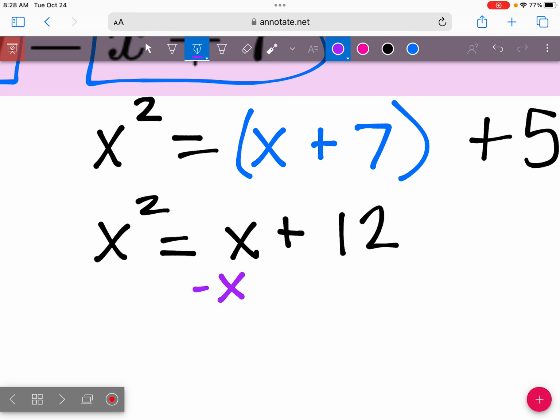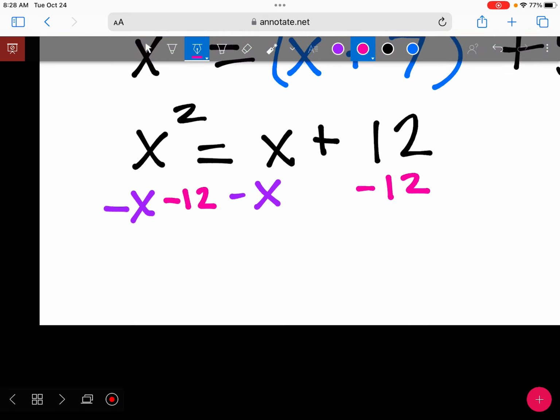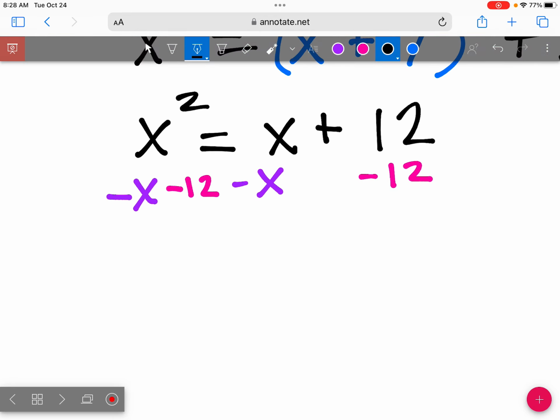So I'm going to subtract x from both sides, and I'm going to subtract 12 from both sides. My 5 and my 7 I added together to combine my like terms. I'm subtracting 12 from both sides because I want it to equal 0.